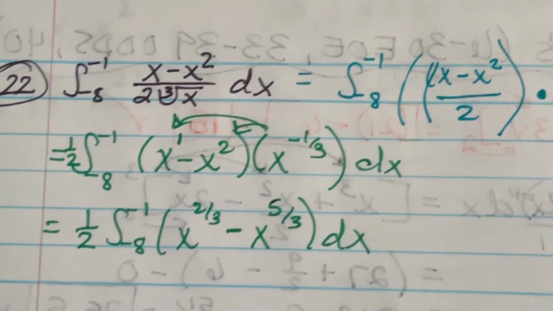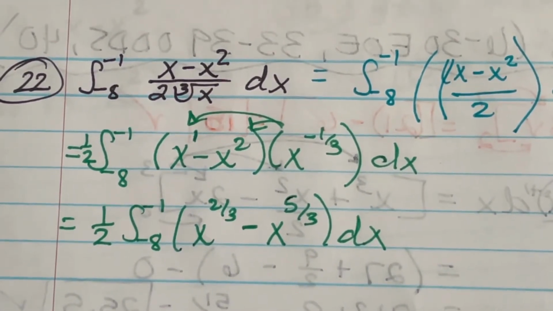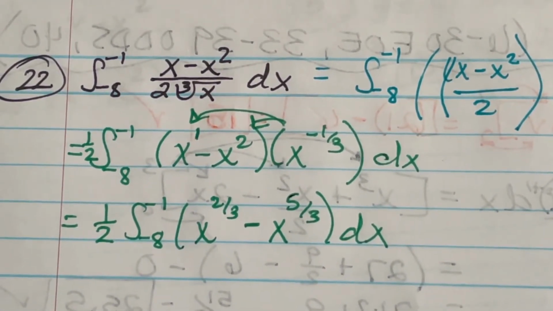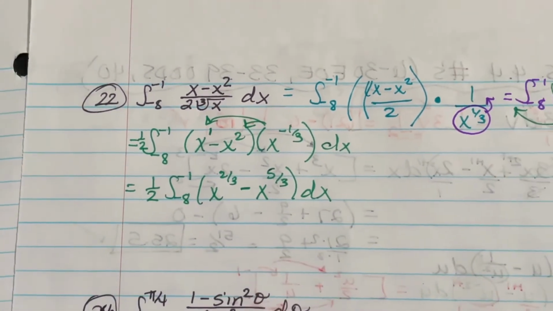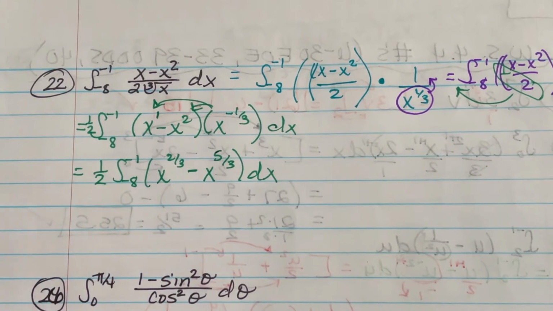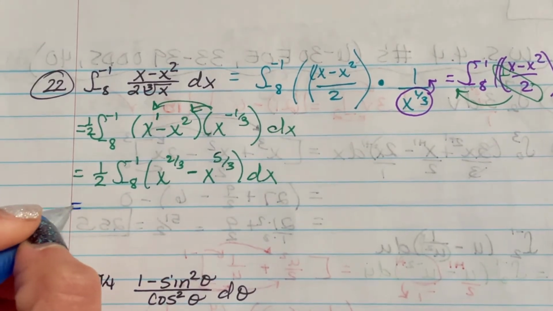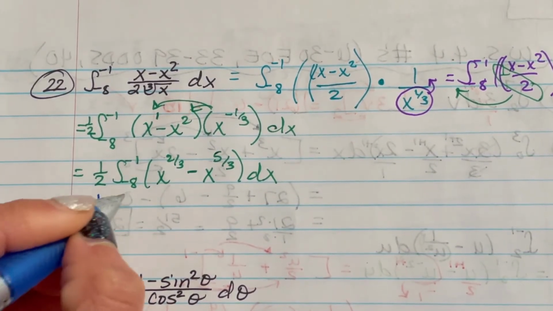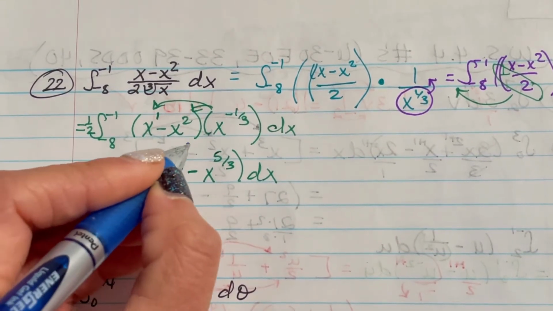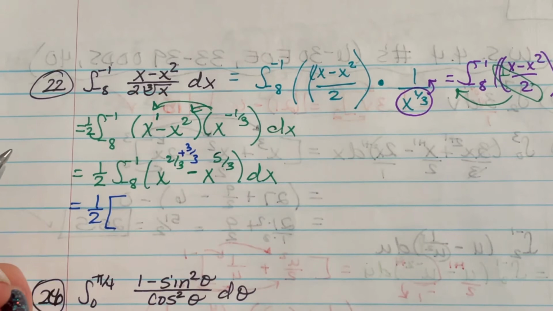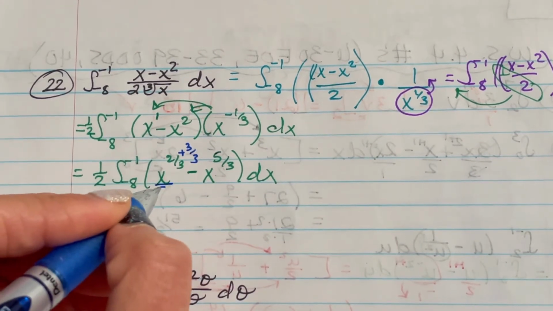Okay. All right. So I haven't even integrated it yet. That was all just rewriting it so that I can integrate it. Let me zoom out just a little bit. Okay. So now I'll start integrating. Let's not forget that 1/2 is out there. Okay, so I got to raise the roof. So plus 3 over 3, that would be a 5/3. So I'm dividing by 5/3.